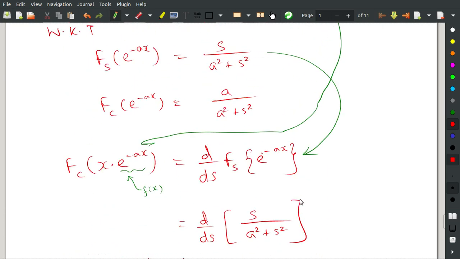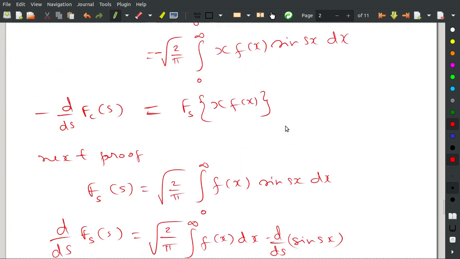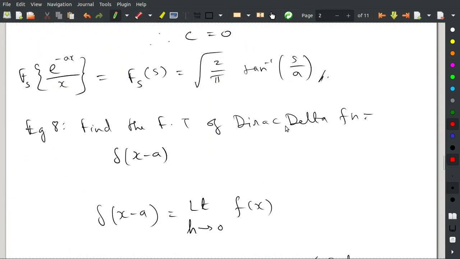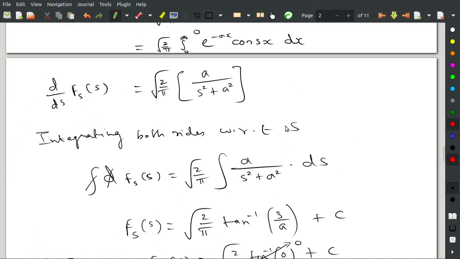So I made a small mistake. Here we have a factor of root 2 by pi, and here also we have a factor of root 2 by pi. Okay, so if you recall, this Fourier cosine transform is this one.